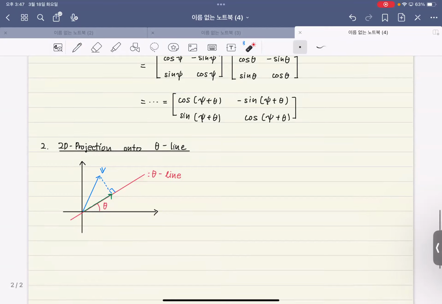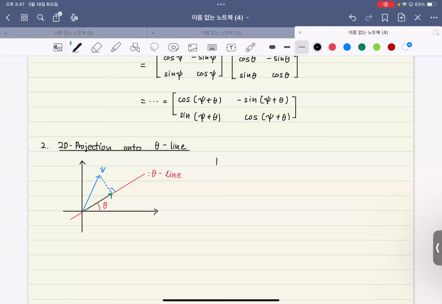Now, I'm going to name this linear transformation P theta. So this is a linear transformation from R2 to R2, a projection onto the theta line. And clearly this is a linear transformation.